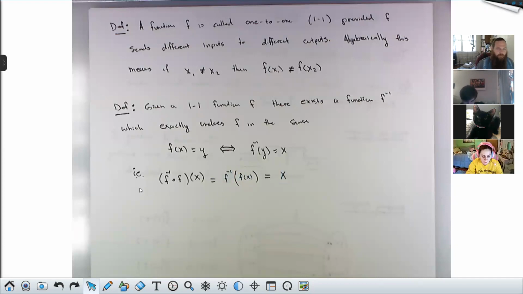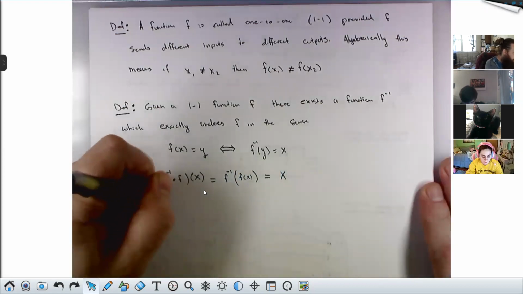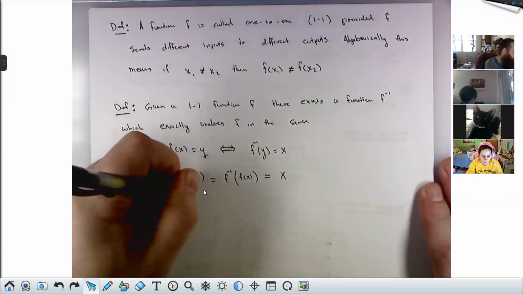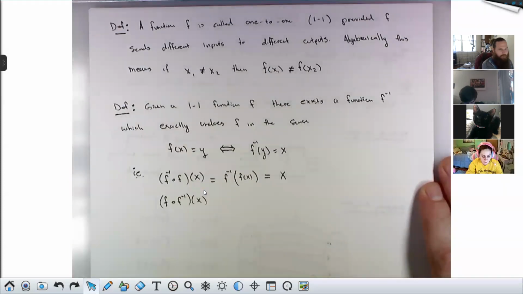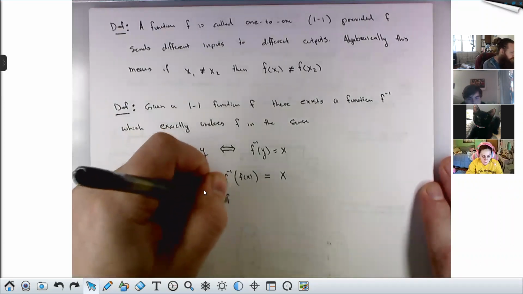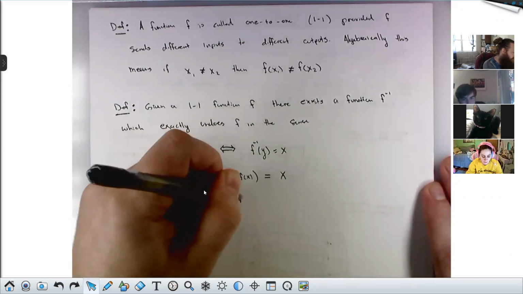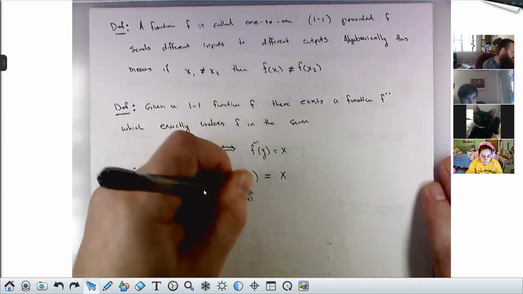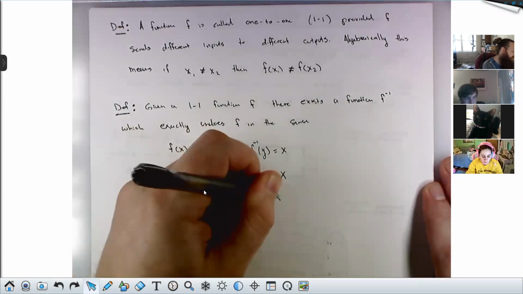And this operator should work in both directions. In other words, if I do f inverse first, that means I'm starting with elements in the range of f, but then I undo f and redo f. In other words, I take f of f inverse of x. This should also send me back to x.